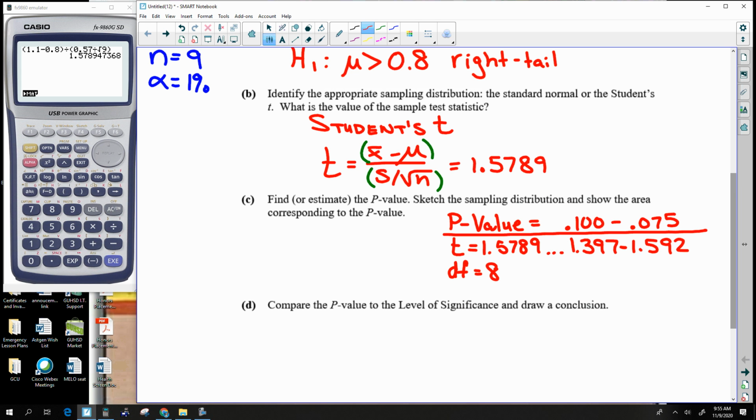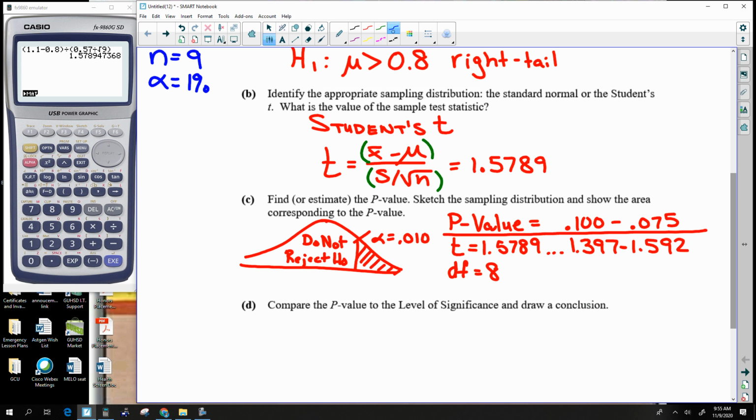All right, so making our picture, this is a right tail. Alpha in this case is 1%. And I see I have p-values of 0.100 and 0.075.